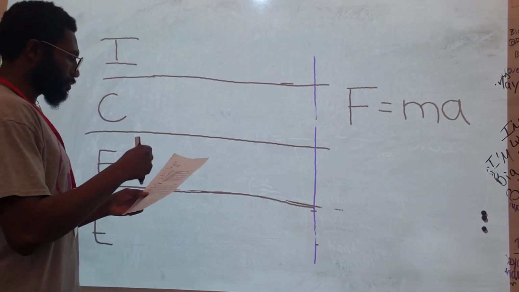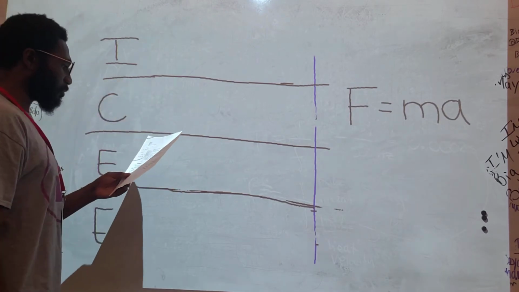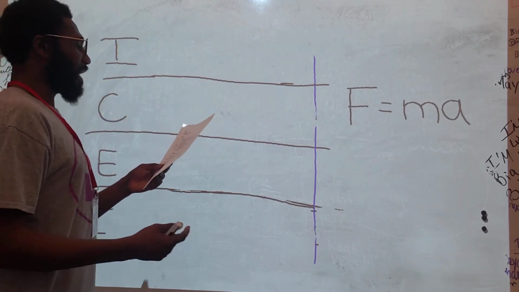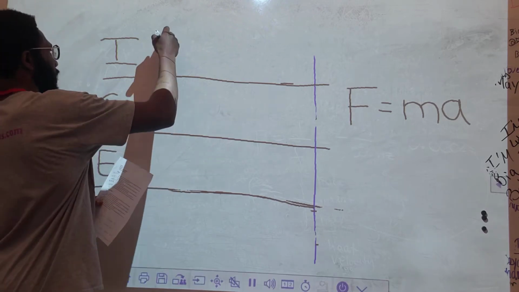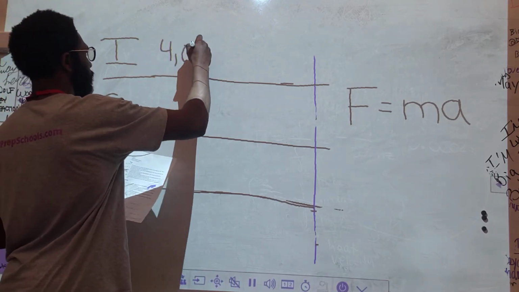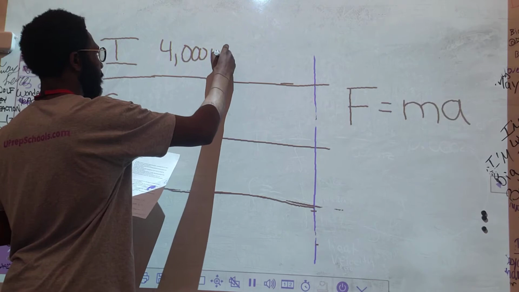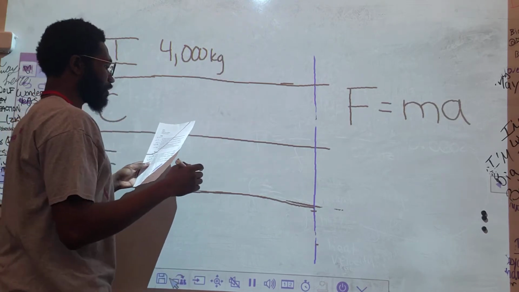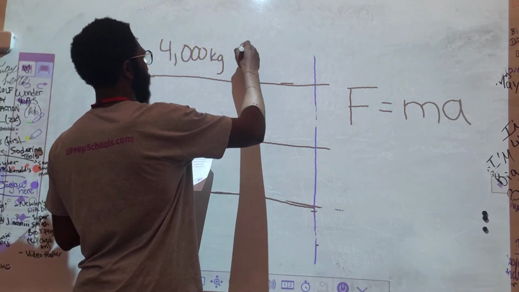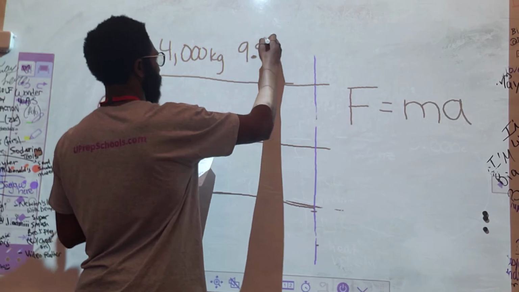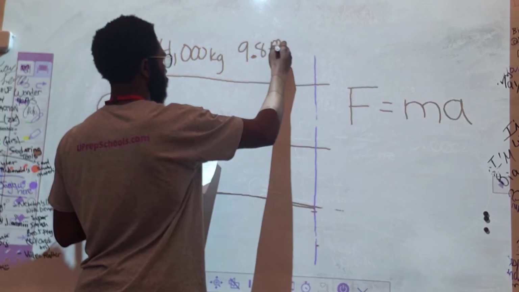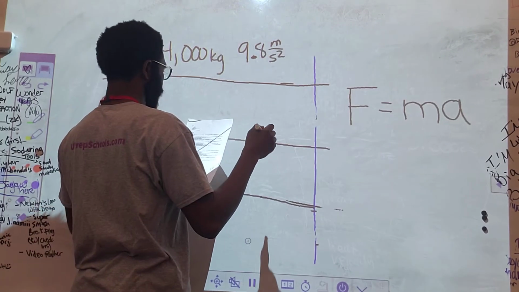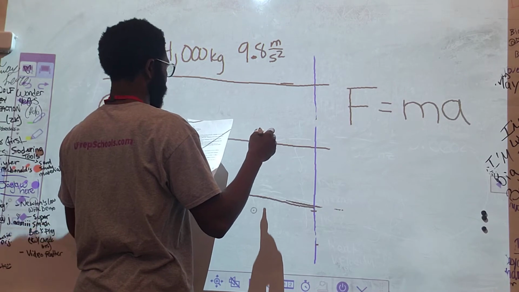So for our first problem, it says the mass of a car is 4,000 kilograms. As it falls to the ground, it accelerates at 9.8 meters per second squared. What is the force of the car when it hits the ground?